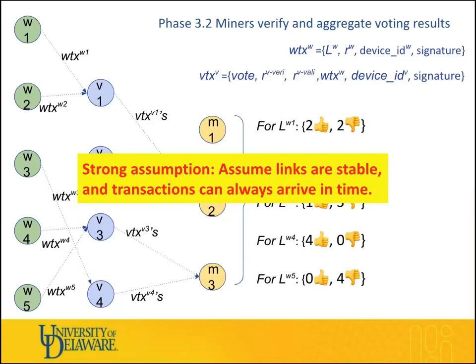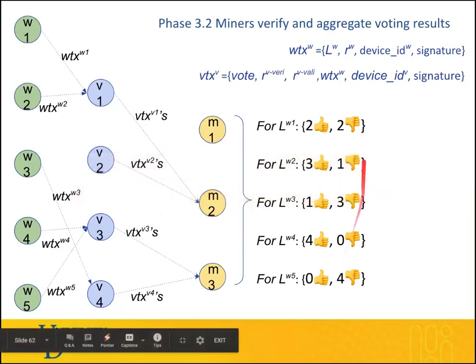Well, in practice, we have to set some timeout mechanism for waiting for the transactions. So under this assumption, the aggregated voting results for each worker's local model update from each miner are exactly the same. And let's assume those are the aggregated voting results for the respective 5 worker local updates.